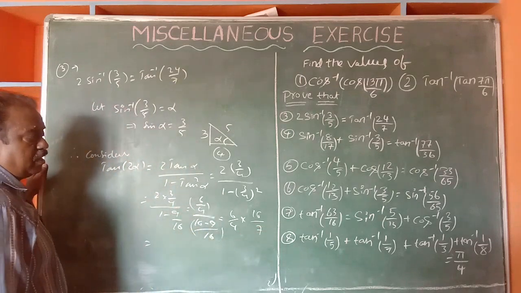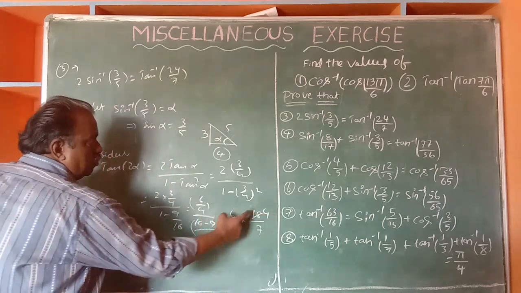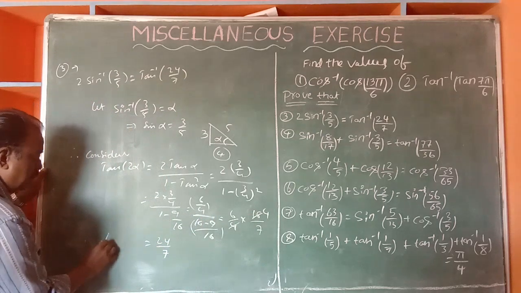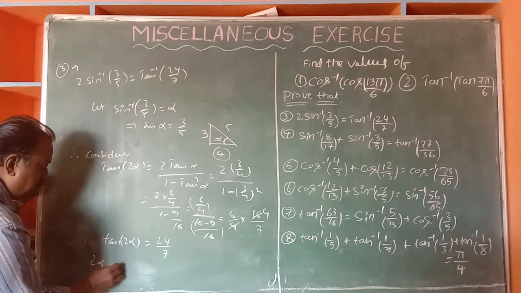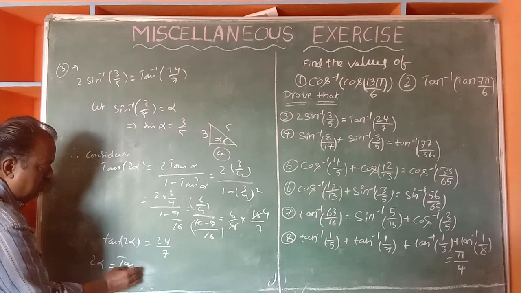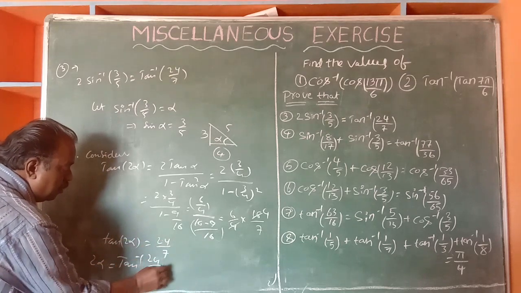So at last we get 6 fourths into 16 by 7, that is 24 by 7. This is nothing but tan 2 alpha. Therefore 2 alpha is tan inverse 24 by 7.